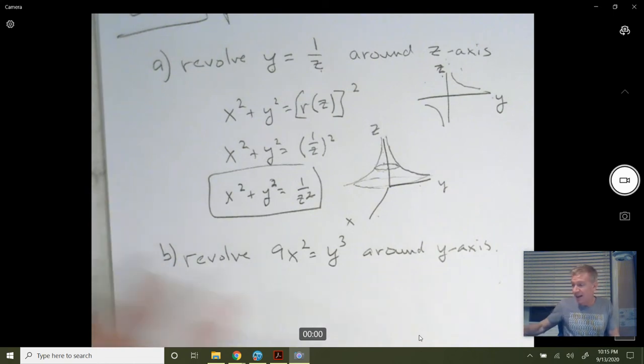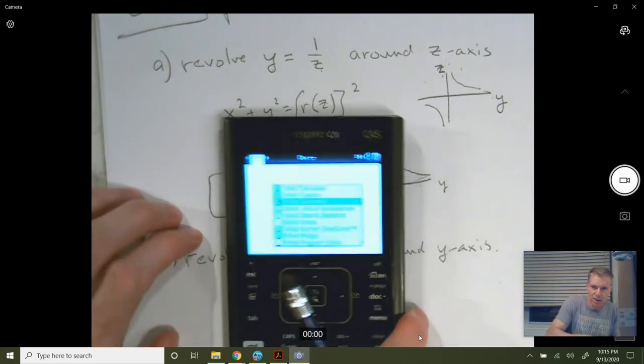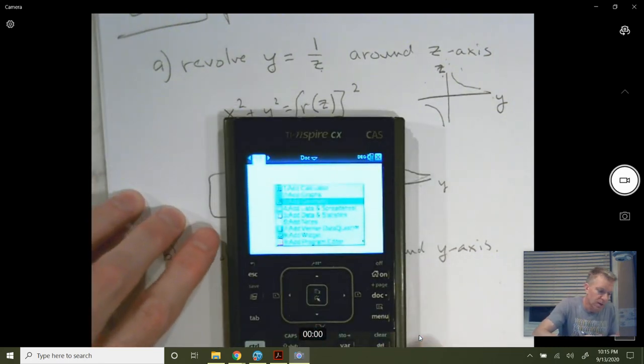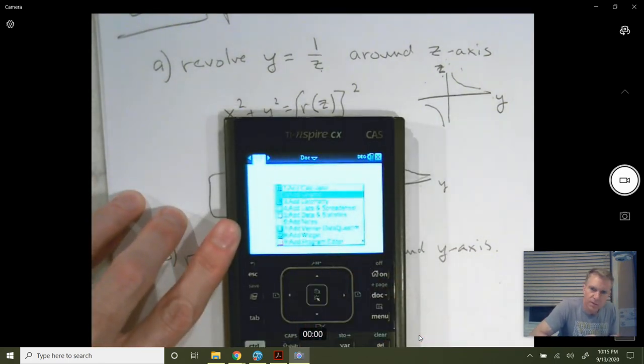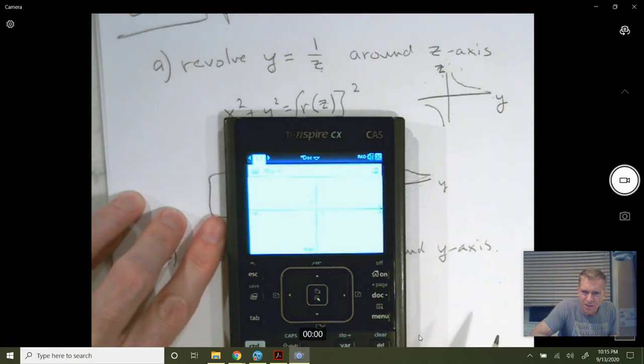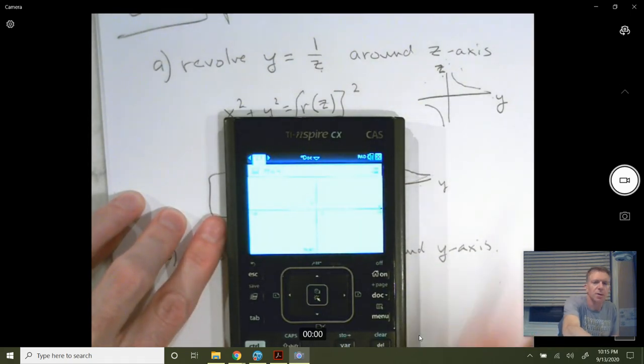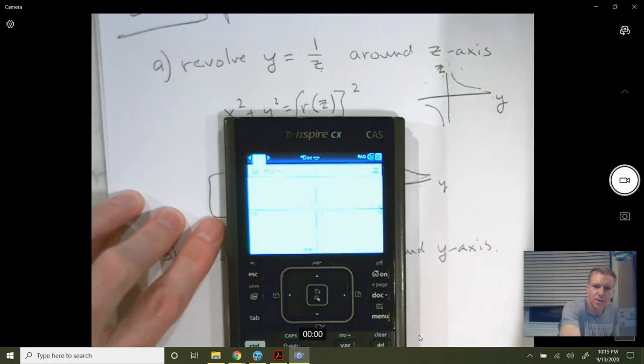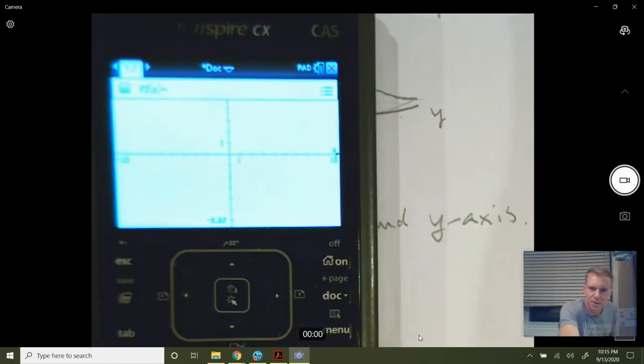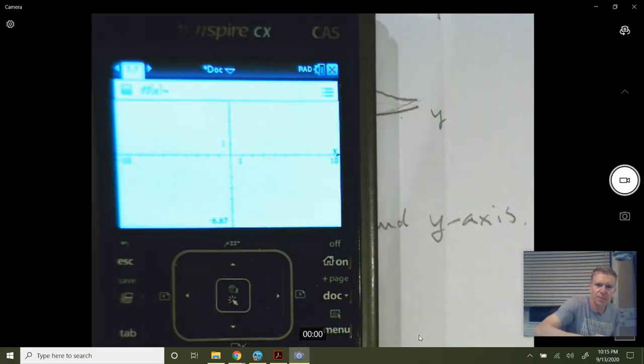Okay, now I don't know what that graph looks like, so I'm going to graph it on the calculator. You could plot points and kind of figure this out. I don't really expect you to do that, so I'm just going to go to a graph. This looks awfully blurry. Let's see if I can make this look a little better.